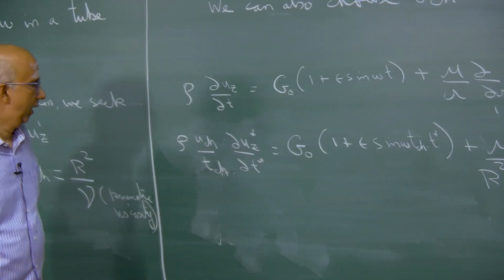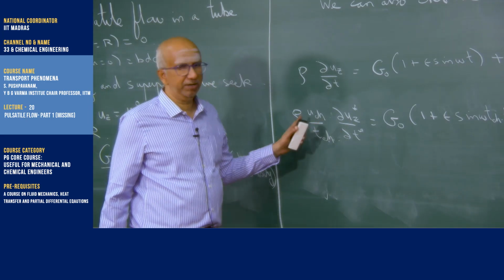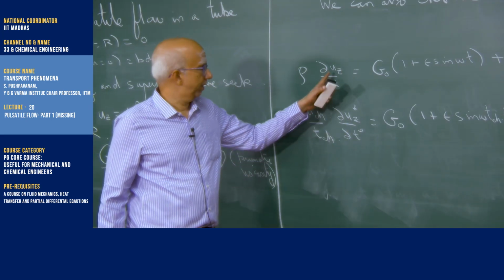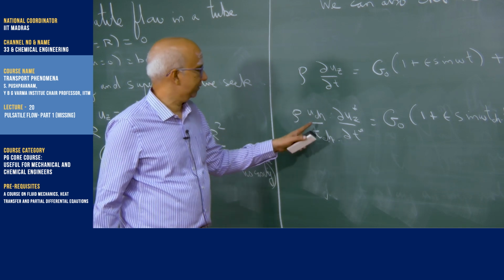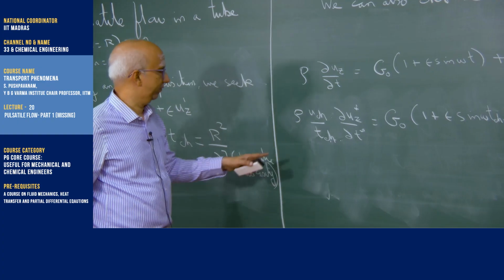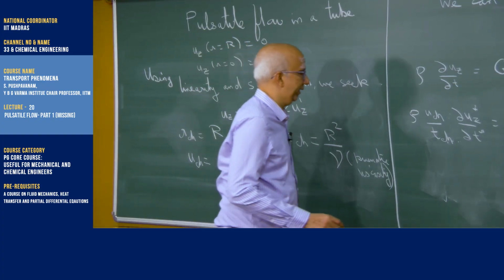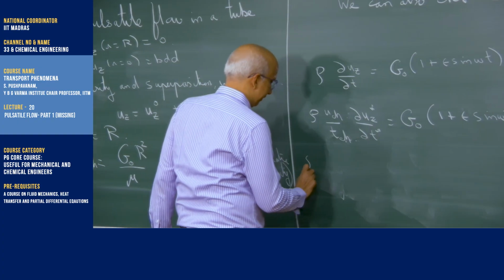All I have done is made this dimensionless by pulling out the characteristic values, and I can substitute now for the characteristic values, u characteristic by T characteristic. What do I get?